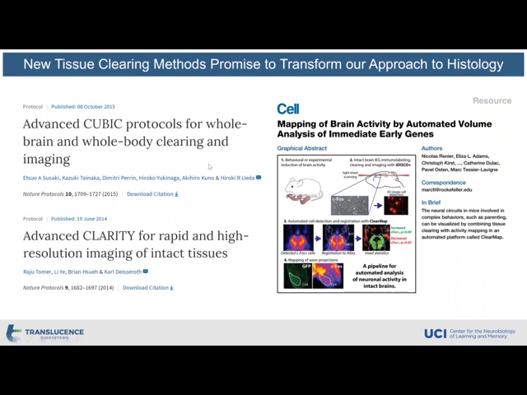All of these different methods have their advantages and disadvantages. I'm not going to be talking today about these differences. I'm instead going to focus on how imaging and image analysis lets us ask very interesting questions about how the brain is organized.